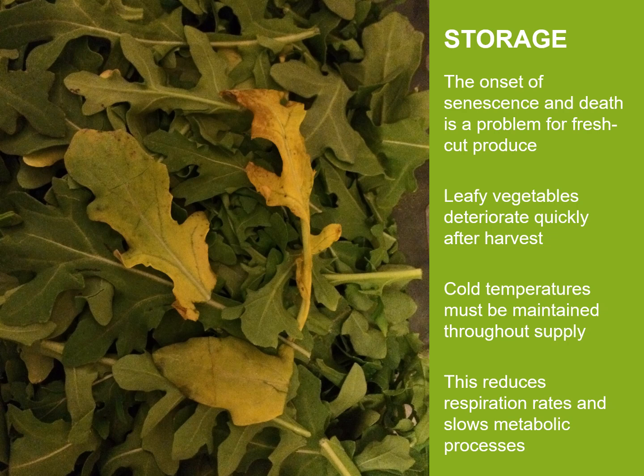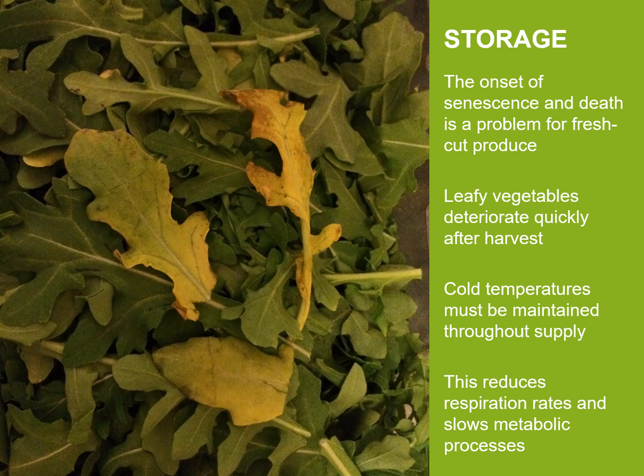So in order to prevent this kind of degradation that we see here, the yellowing and the browning of the leaves, cold temperatures must be maintained from the point of harvest, and that can be quite a difficult thing to do, especially in very hot countries where leafy salads tend to be grown, such as Spain and Italy.